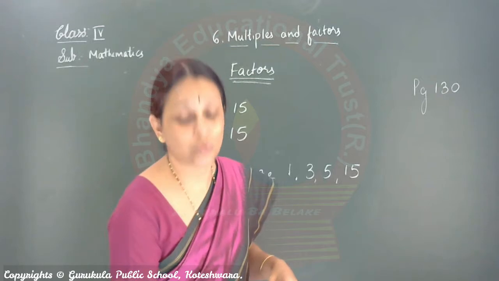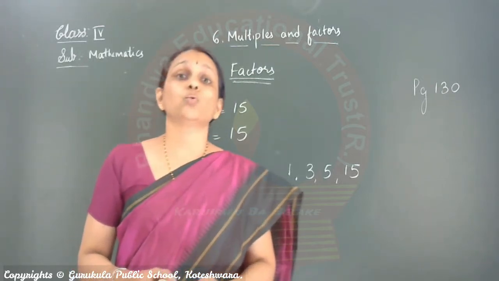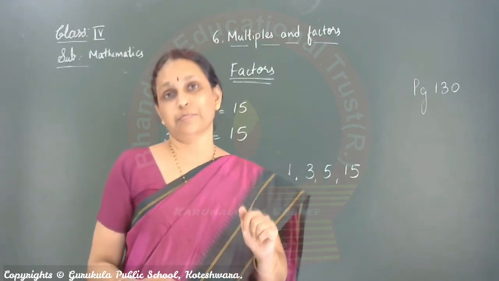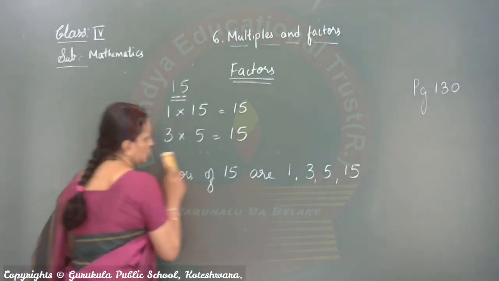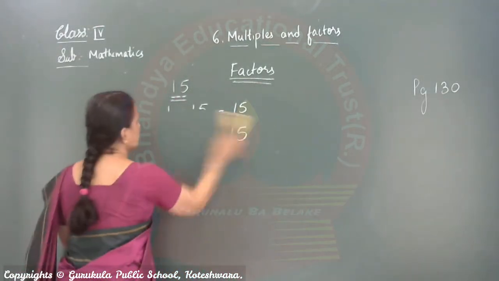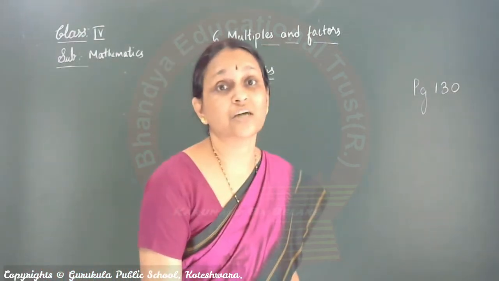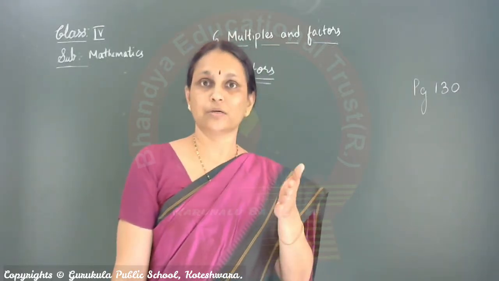Now, let us go to the next property. Numbers with only two factors are called prime numbers. What is this now? Let me tell you. Some numbers are there that don't come in any tables except the one's table.